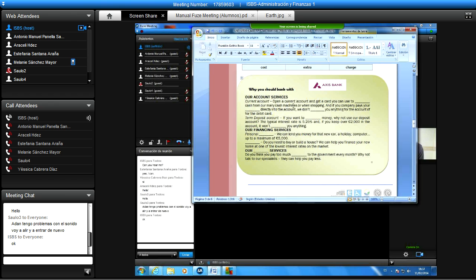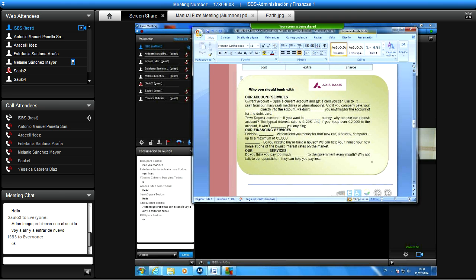So okay, let's see. They offer different bank services. First they offer account services. For example, a current account, which is a checking account, cuenta corriente. So open a current account and get a card that you can use to take out, okay, to take out.